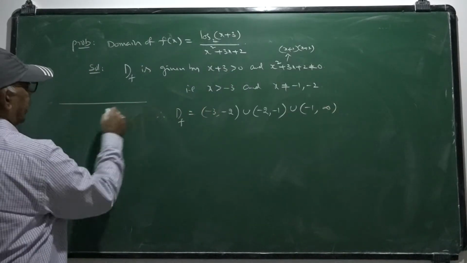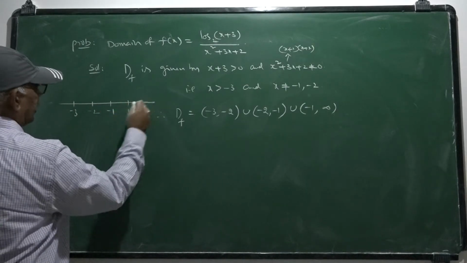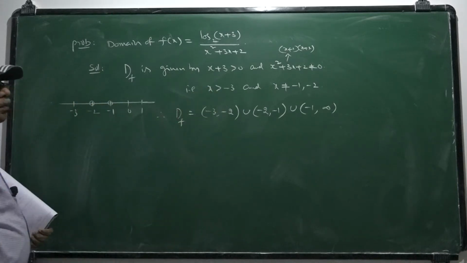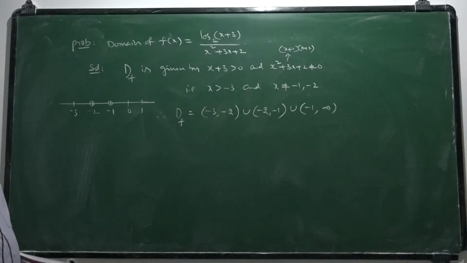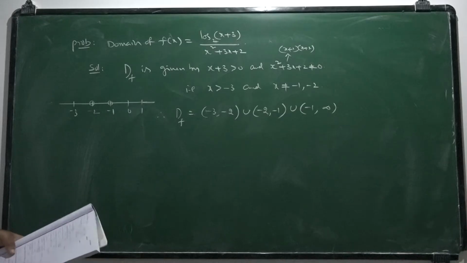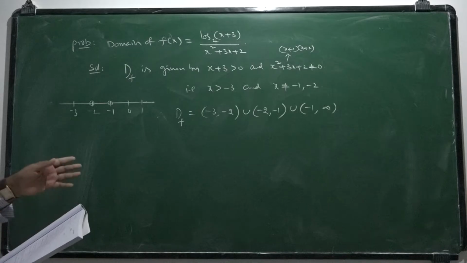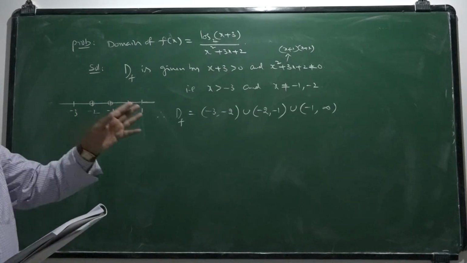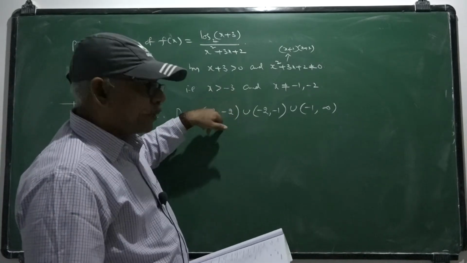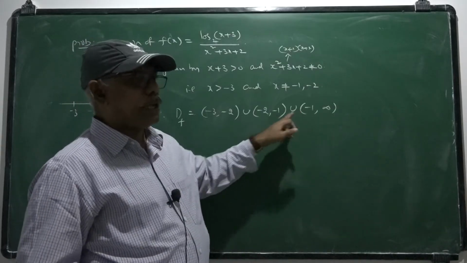Except these two values, the remaining reals are to be considered here. Hence, the domain of the function is from minus 3 to minus 2 union minus 2 to minus 1 union minus 1 to infinity. Minus 2 is excluded here because I am taking open intervals, and minus 1 is also excluded.